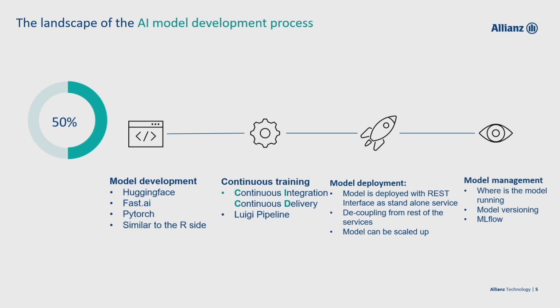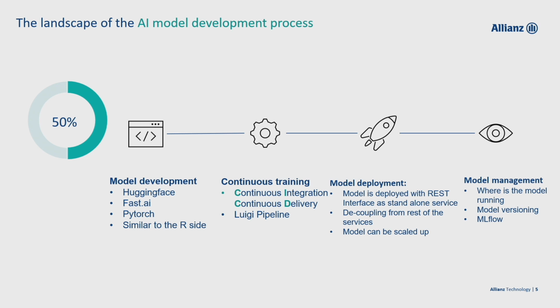Okay, let's talk about the landscape of the AI model development process. As I talked about before, model development has become easy thanks to all these amazing open source tools. However, one characteristic of ML models is that you need to continue to train them to improve performance.